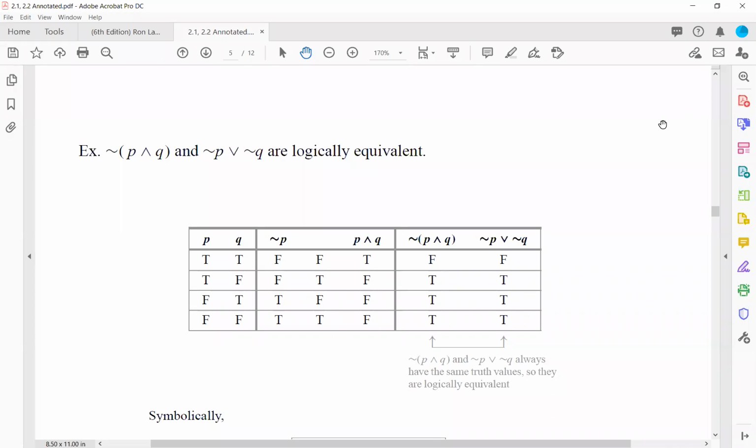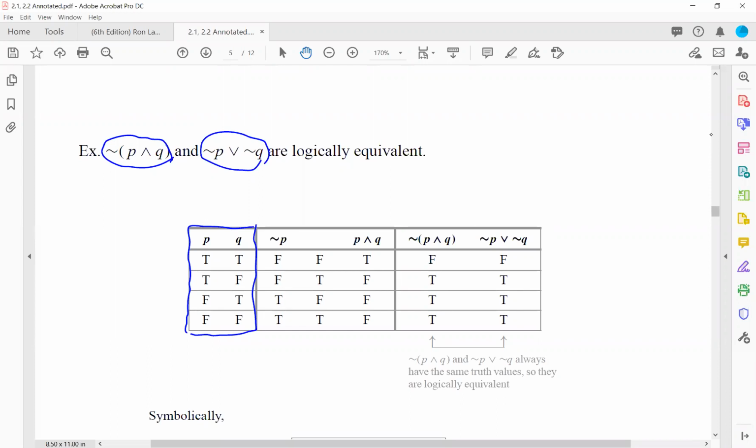Another example. Very well. Not (P and Q), and not P or not Q. What about this case? Very well. Let us list the original statements here. P, Q, their total combinations.